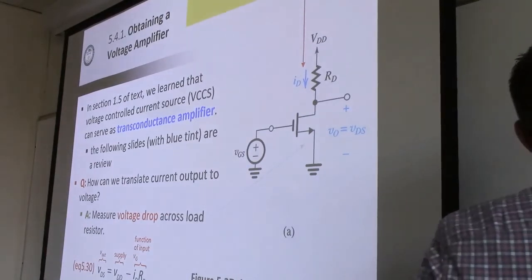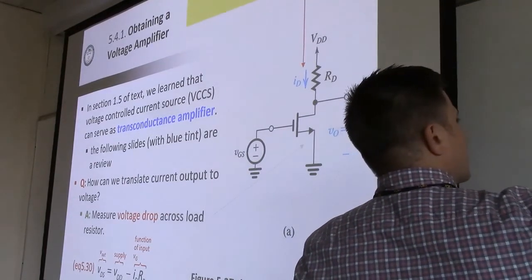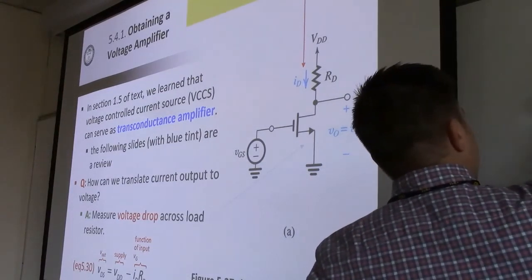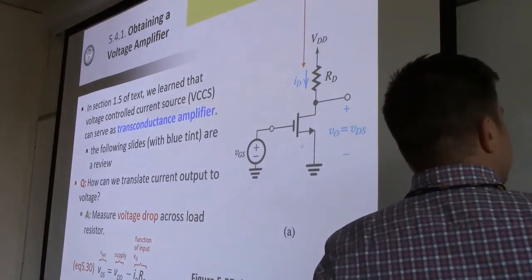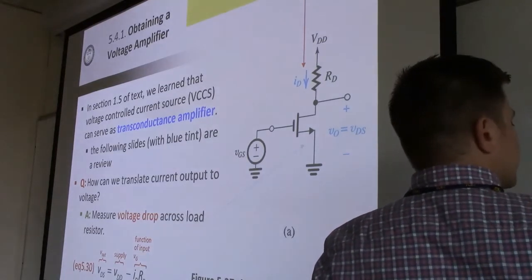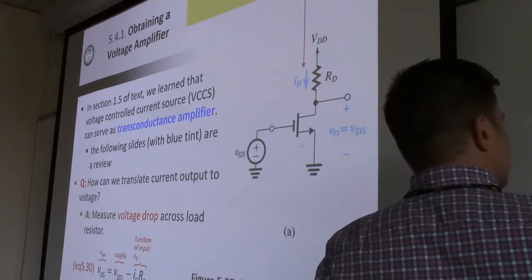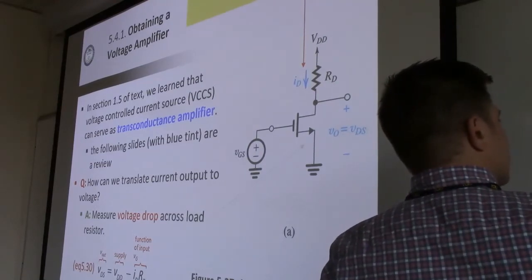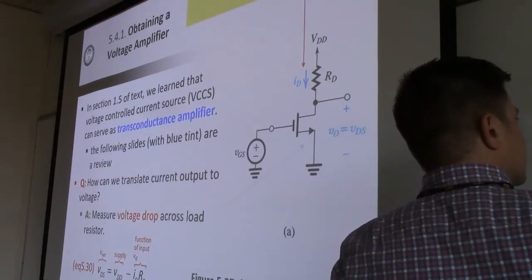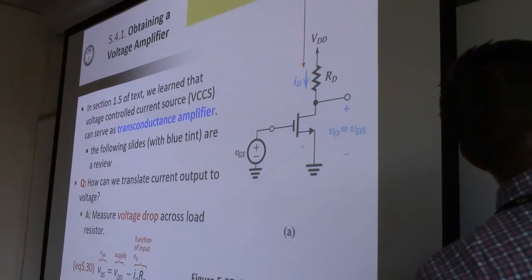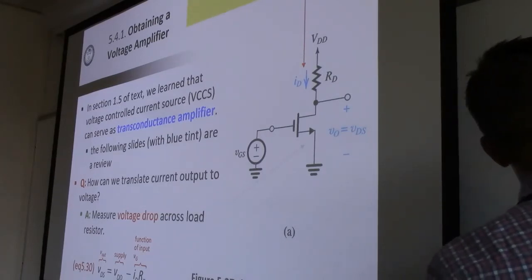If I were to draw here on the board the same sort of graph that is in the notes, this is VDS. If I were to draw ID, no, actually that shape's not exactly right. I'm just going to draw it linearly.